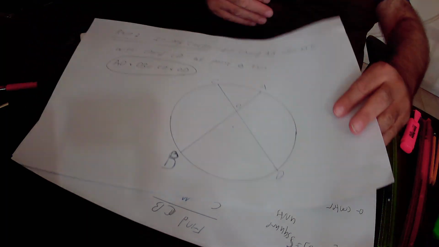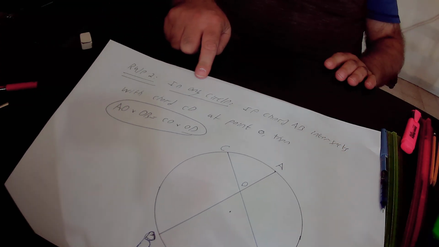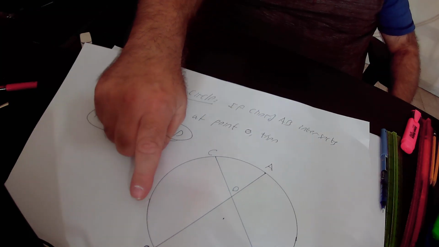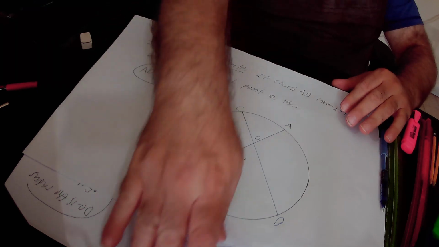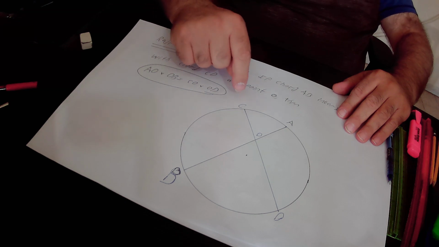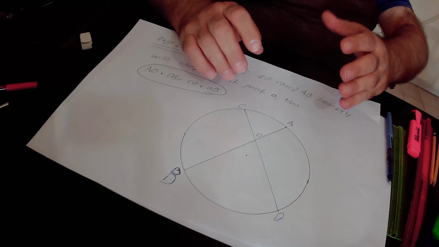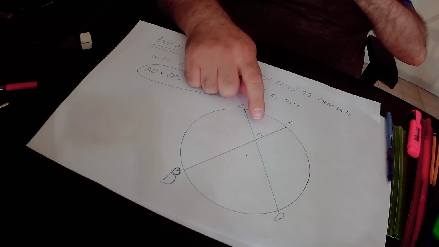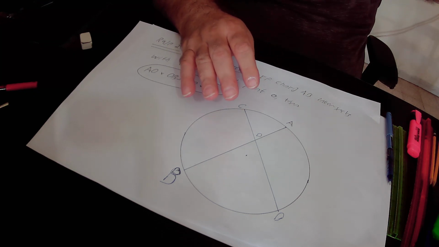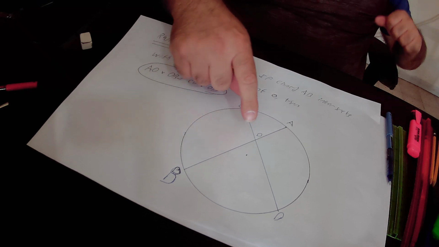According to rule number 2, that is true in any circle, we can write down that in any circle, if chord AB intersects with chord CD at point O, the intersection point between the two chords, then according to rule number 2, we will get that AO times OB equals CO times OD.